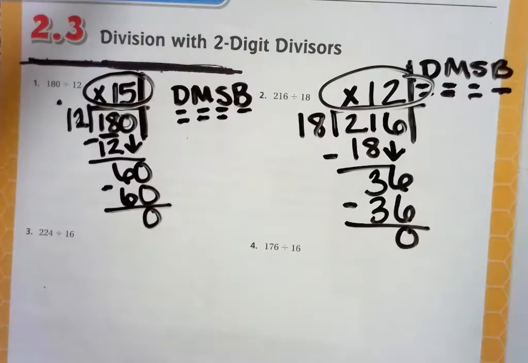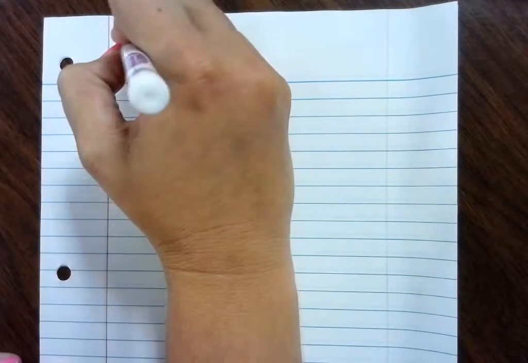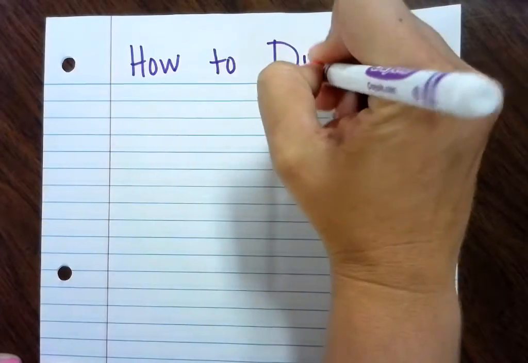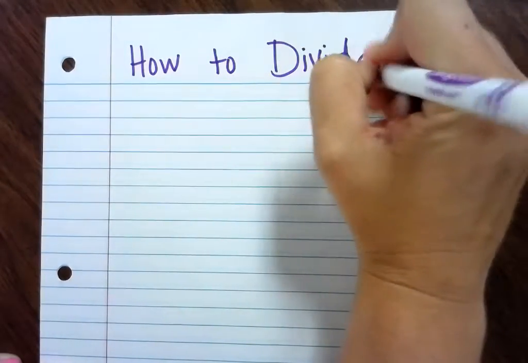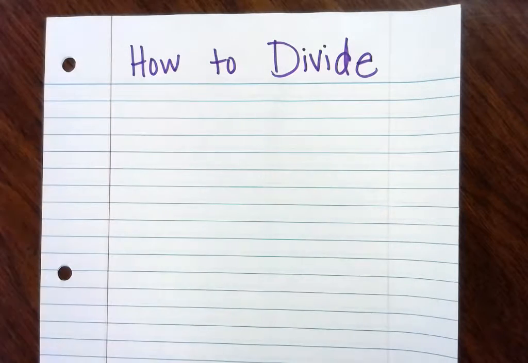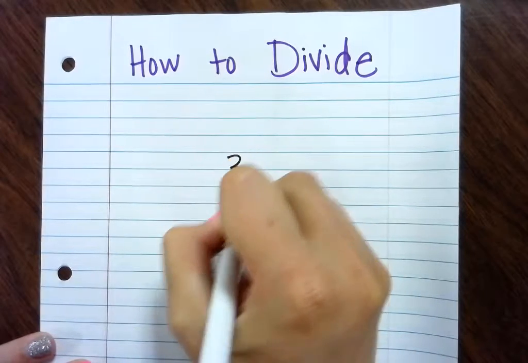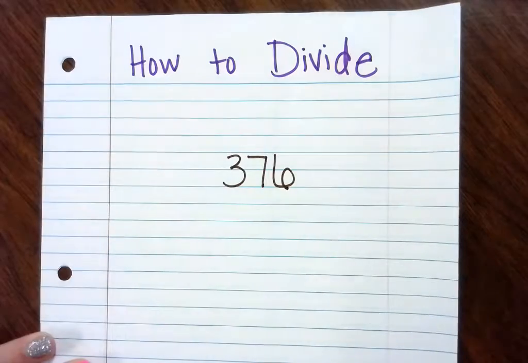Okay, very good. So now we're going to go into our notes and really put this into our math log. We just practiced a few problems. We are going to label this how to divide. So I want you to write this number for me, 376.